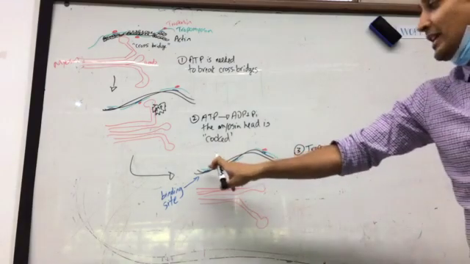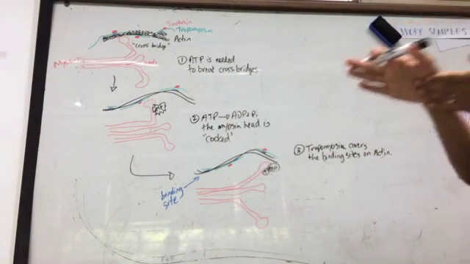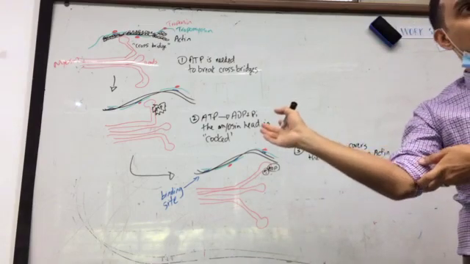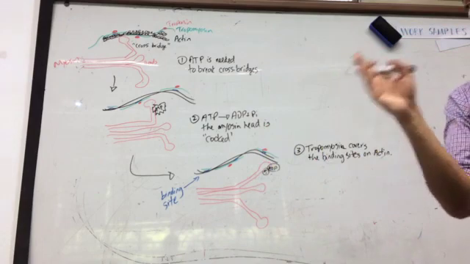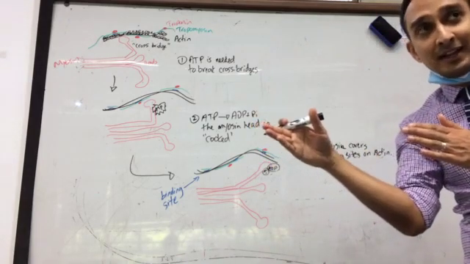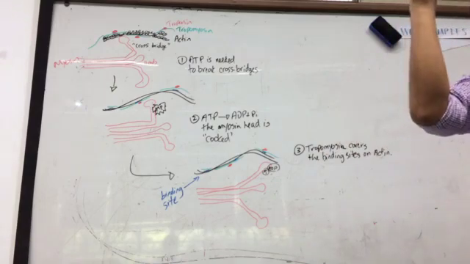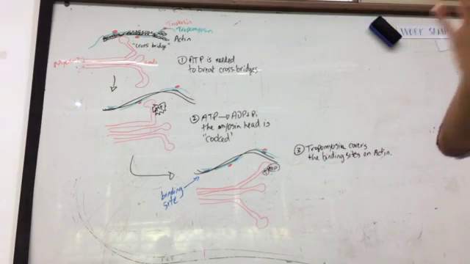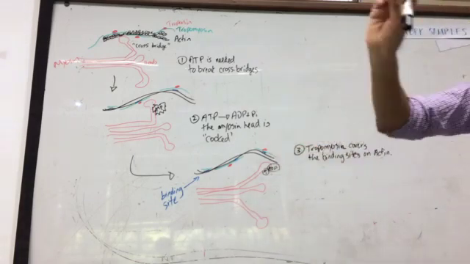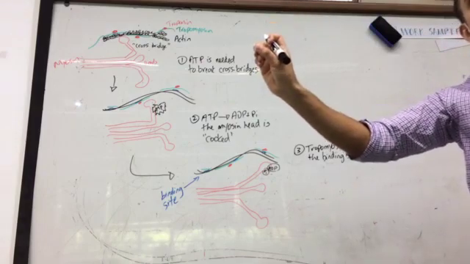This green filamentous tropomyosin is usually laid on top and covers the binding site so that myosin cannot bind to actin. The only way that we can uncover the binding site is by moving the tropomyosin aside. The only way to do that is when calcium is released, calcium binds to troponin and pulls tropomyosin out of the way.